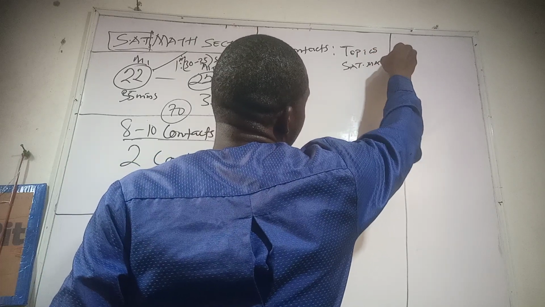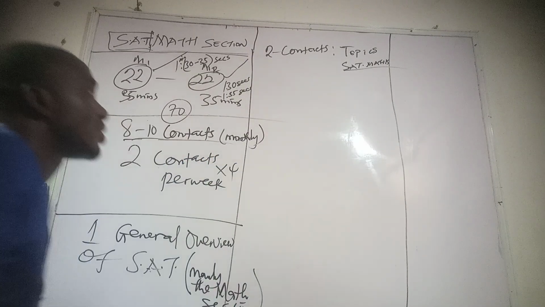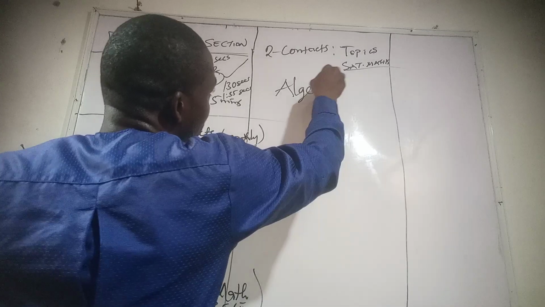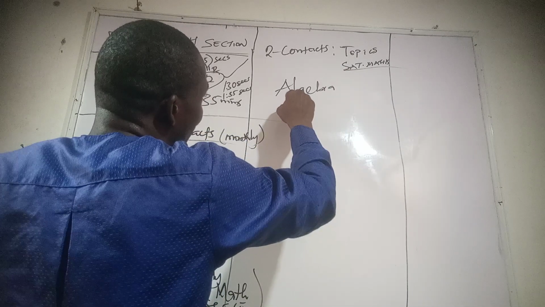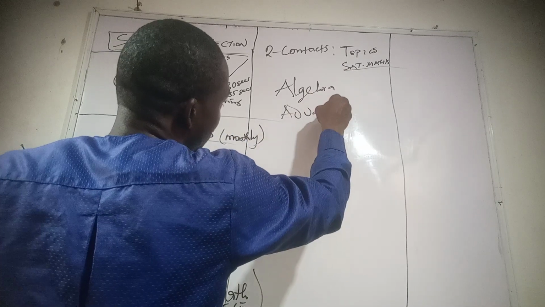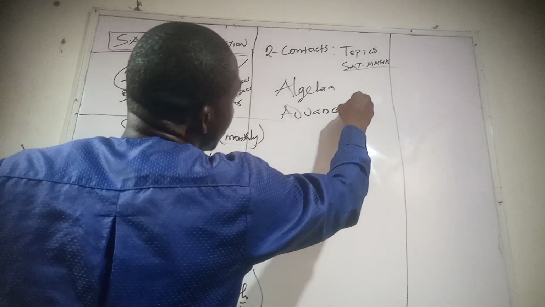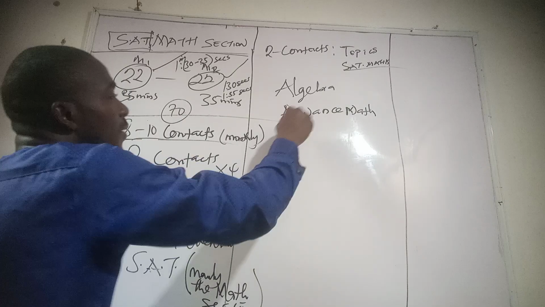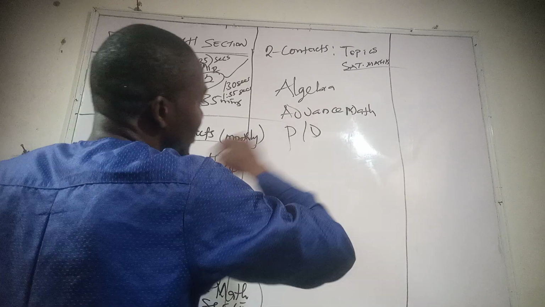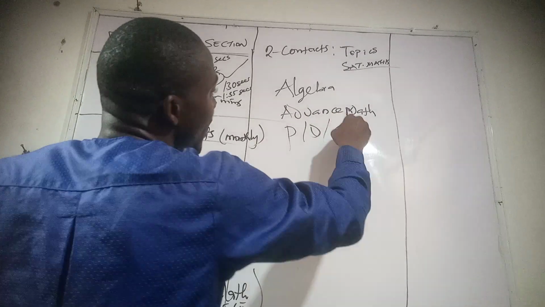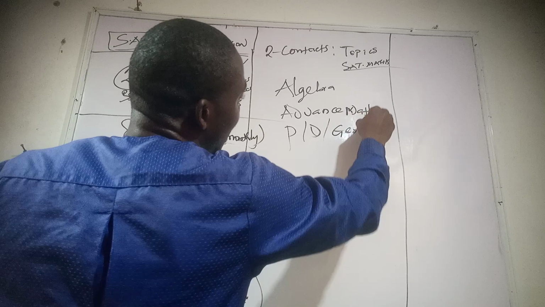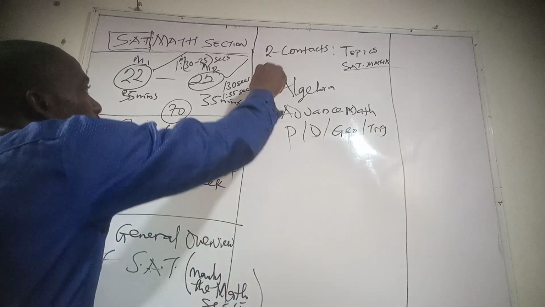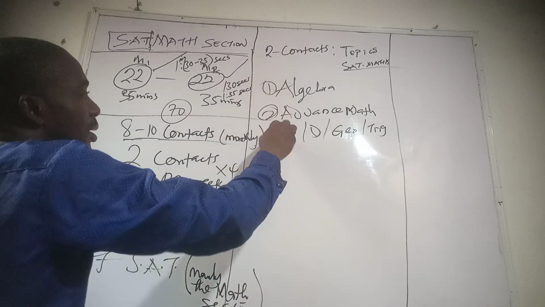You get to know more about algebra, advanced maths, problem solving and data analysis, and geometry and trigonometry. So these are 4: 1, 2, 3, and number 4.